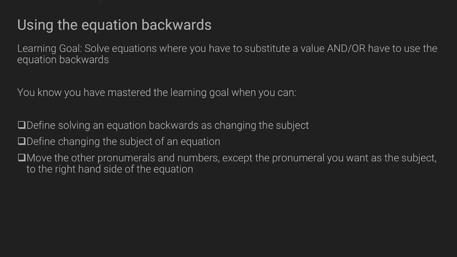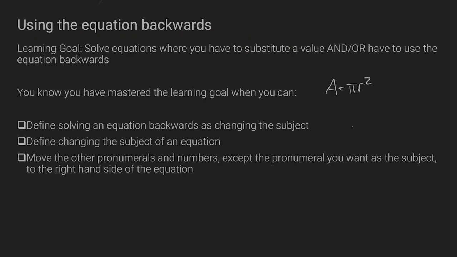We're going to be looking at something today that I'm calling using the equation backwards. It's going to be a combination of what we've done over our last couple of lessons. You're still going to be substituting values into the equations, but for example, if I had given you this formula before, I would have given you the value of r to substitute in.